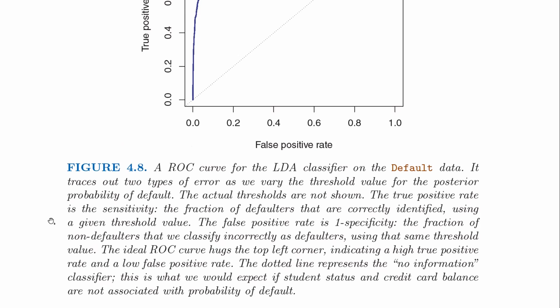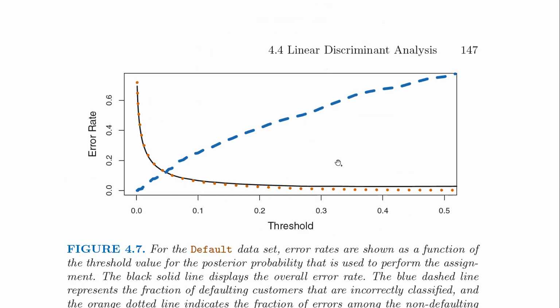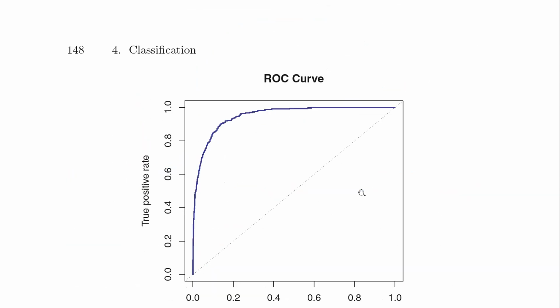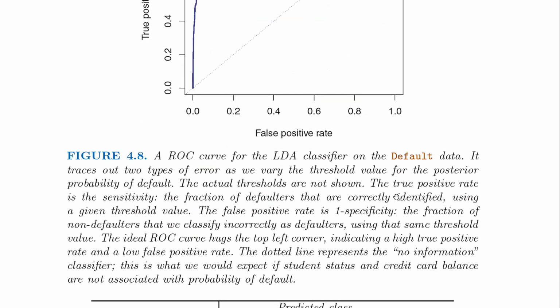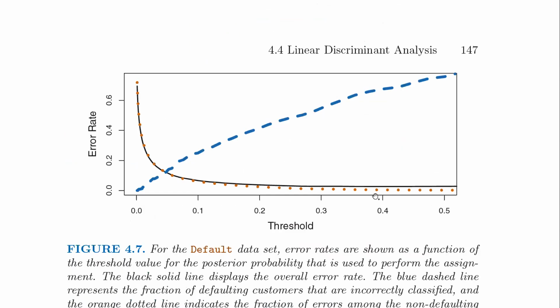The true positive rate is the sensitivity, the fraction of defaulters that are correctly identified using a given threshold.